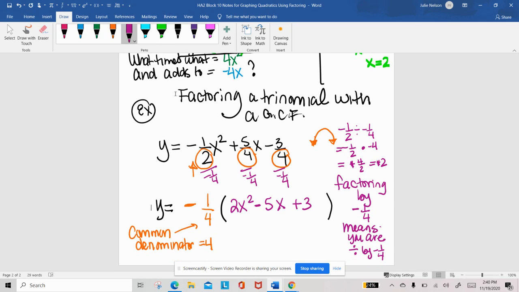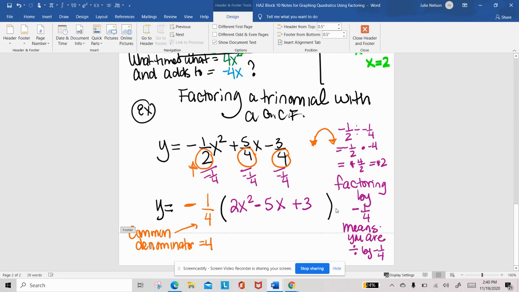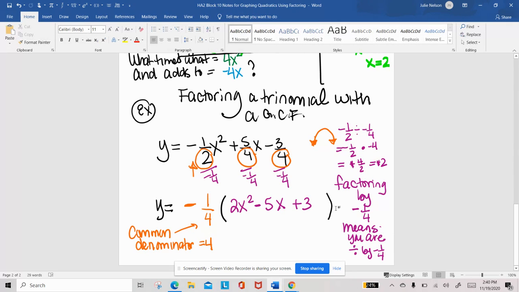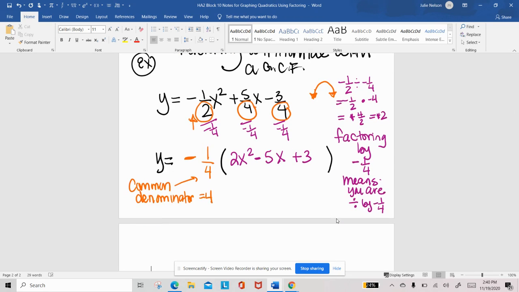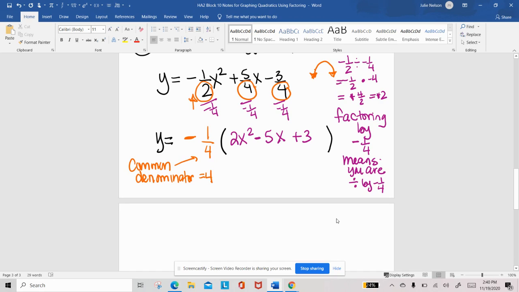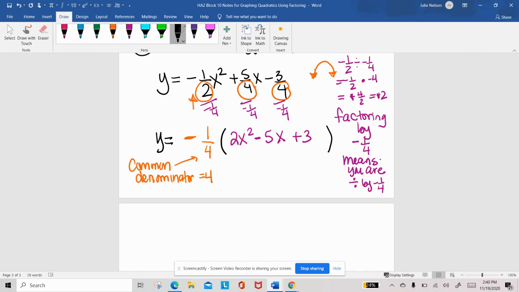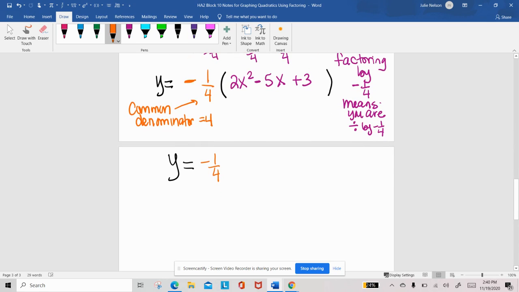So I want to go ahead and leave that negative 1/4 on the outside. And silly me forgot to make extra room. Let me see if I can add more space. Here we go. So y equals negative 1/4, and I want to go ahead and do the x method with all the 3 terms inside.